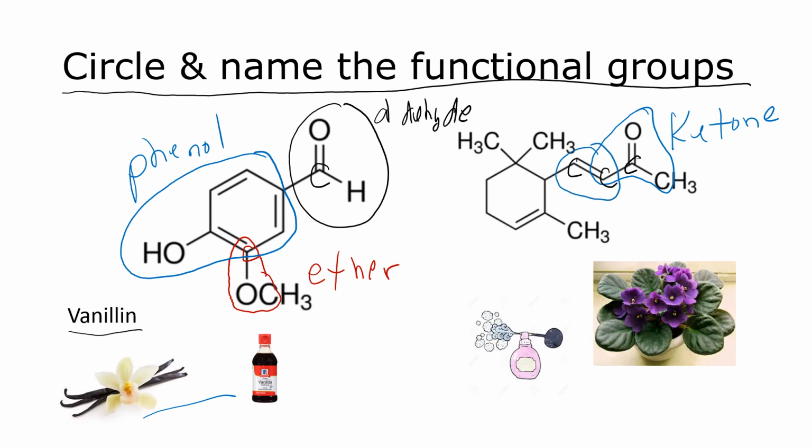Carbon double bond to another carbon is an alkene. And then in this one I have another carbon double bond to a carbon. I have a second alkene. And this compound is called ionone, and this is actually the smell in violets that is used sometimes in perfumes.